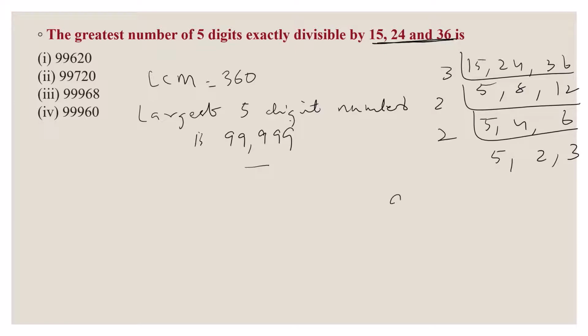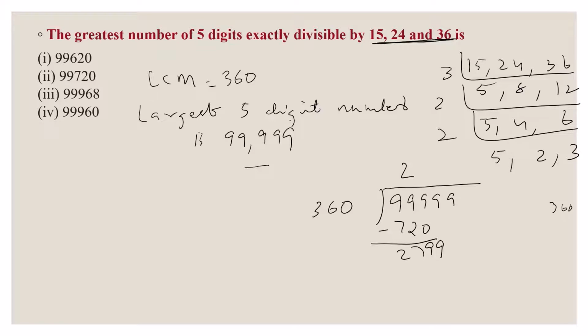99,999 divided by 360. So we can see that it goes into 720, 972, bring down the 9 again. And 360 into 6 will give you 18, and if you go for 7 it will be 25, right?